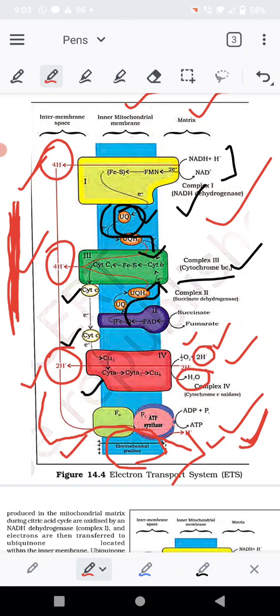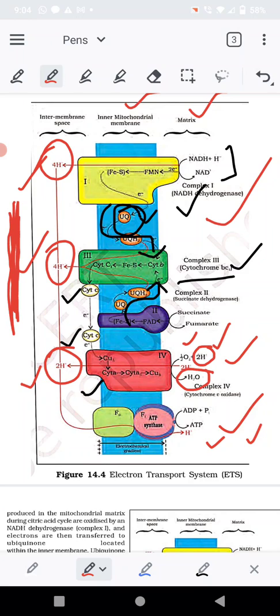You can see here is more positive charge, here is the negative charge. The reason being, in the inner membrane space there are more protons which are released during the transfer, and in the matrix there are fewer protons, so an electrochemical gradient is formed.